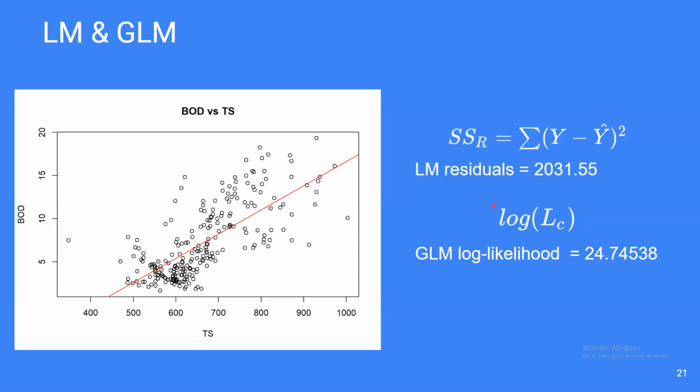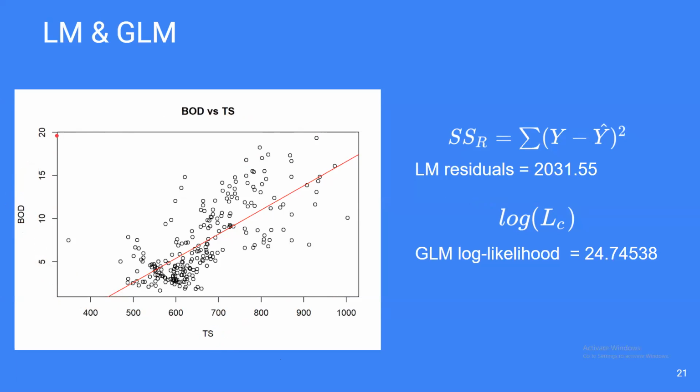We also did the analysis of the linear model and used the generalized linear models to see how the BOD data relates to the TS variable. And we see that as the solids in the water, which is a contaminant, increase, the biochemical oxygen demand increases as well.